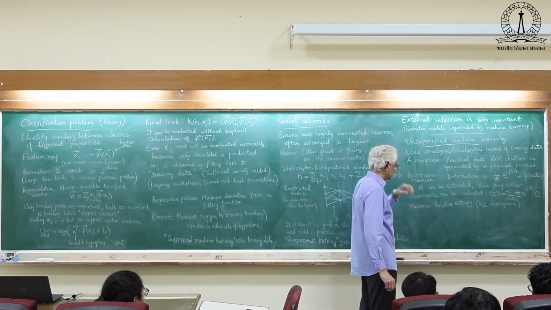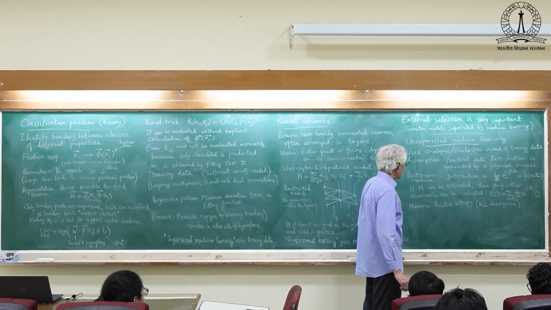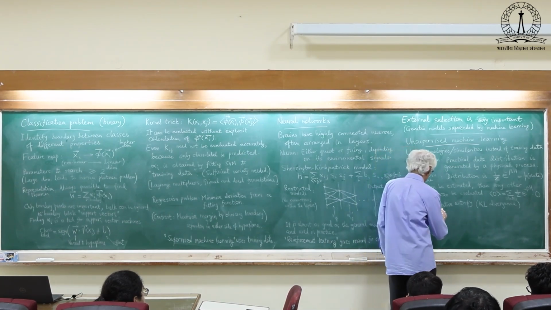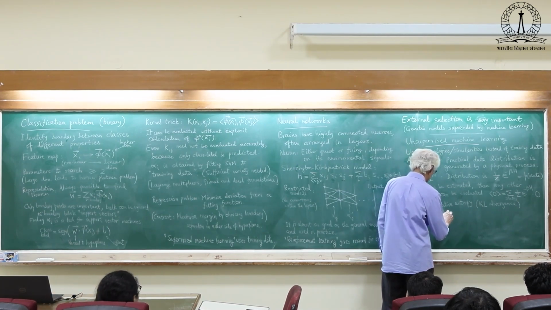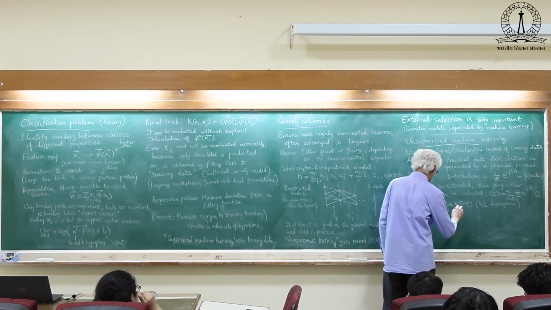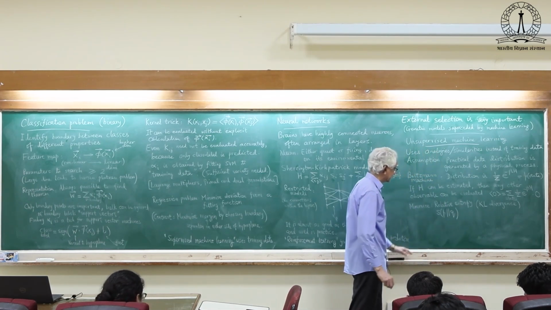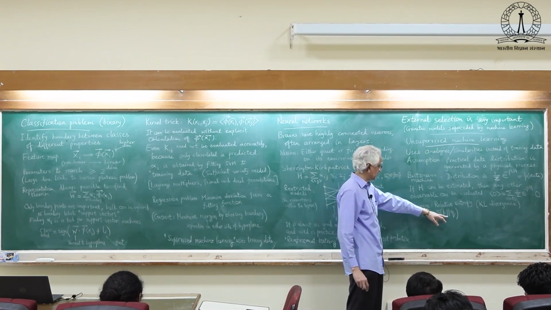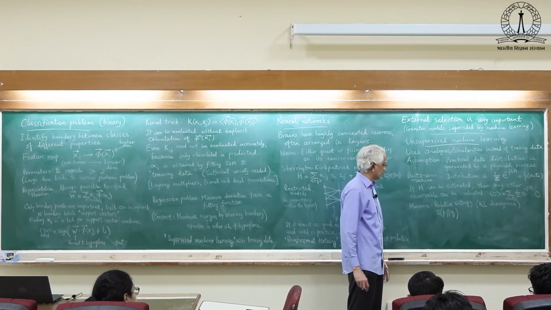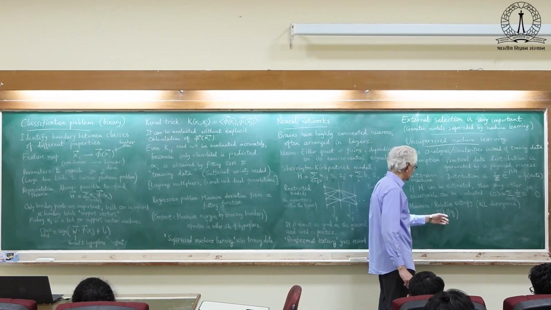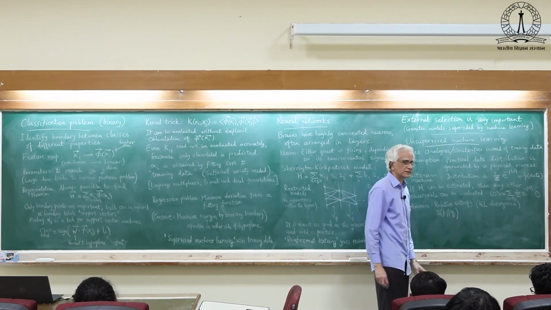So, what is this particular function? It's denoted by this particular symbol. The two vertical bars define a relative structure. P is one distribution, Q is another distribution.